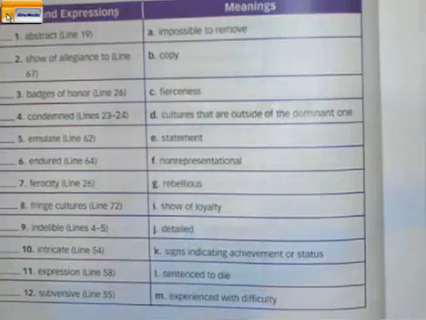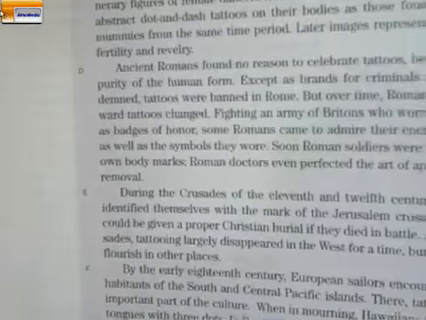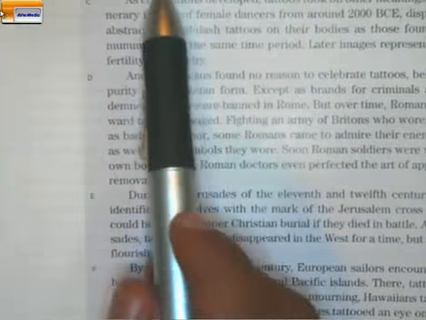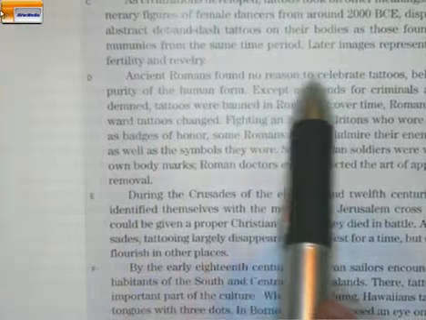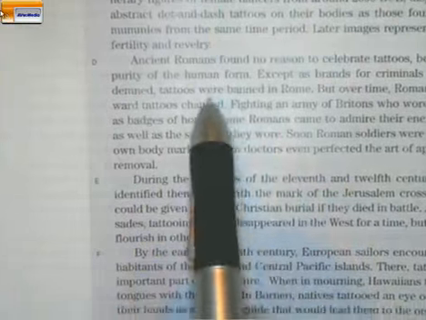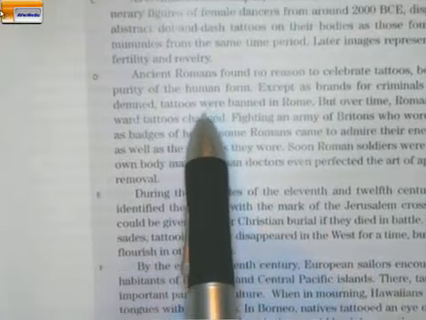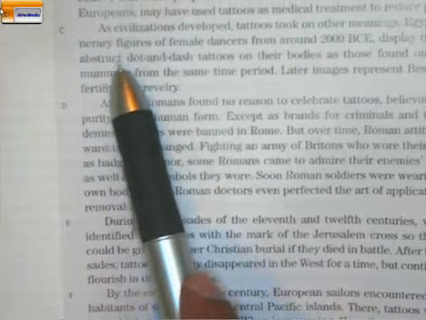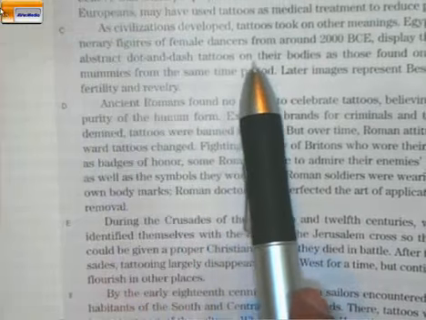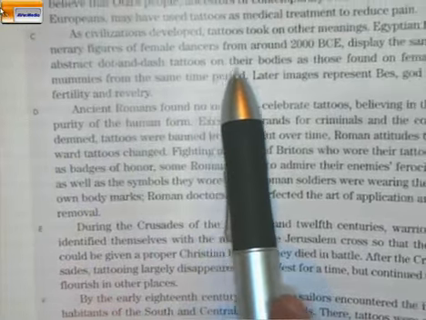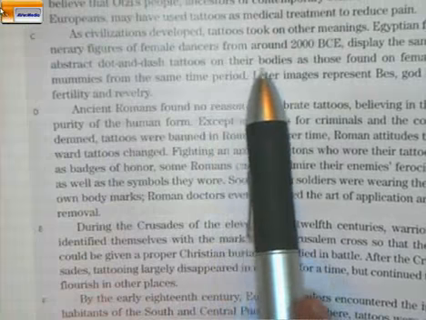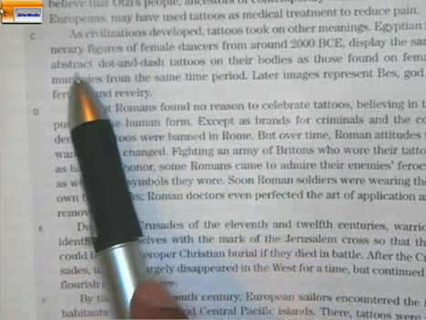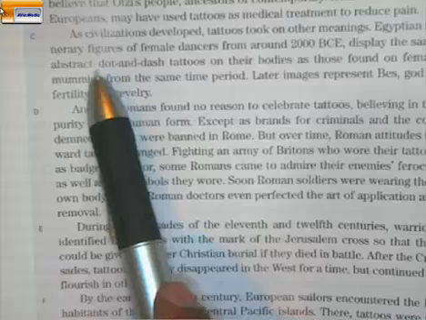So let's just read that again one more time. Here it says, abstract dot and dash tattoos on their bodies. So what do you think it's trying to tell us here?